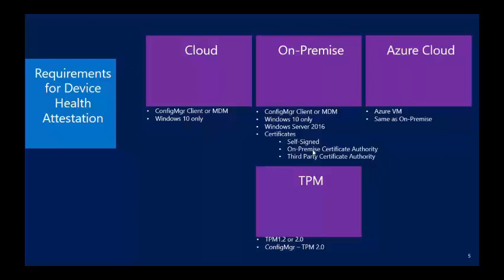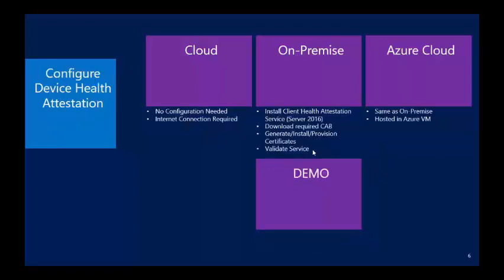Now, in the Config Manager world, and that's just a Device Health Attestation, what we support. In the Config Manager world specifically, the documentation calls out that we support TPM 2.0, though, as you'll see in my lab, 1.2 does work in a Config Manager environment whenever you have standalone Device Health Attestation implemented anyway. So again, a little bit of flux perhaps in this area based on some things that I've seen building out this presentation, but this, good rule of thumb for now.